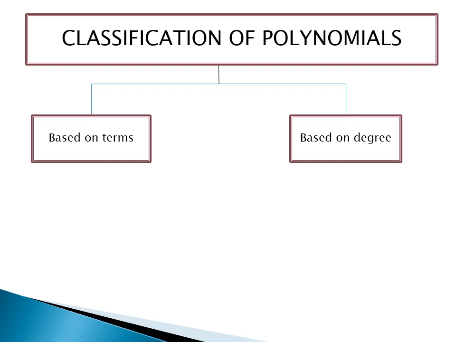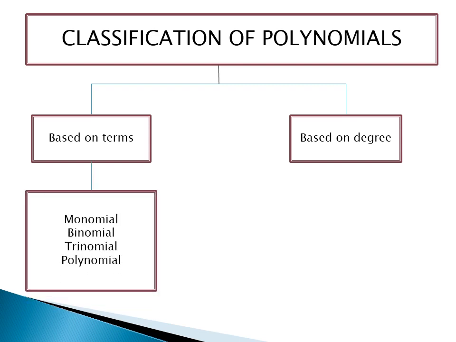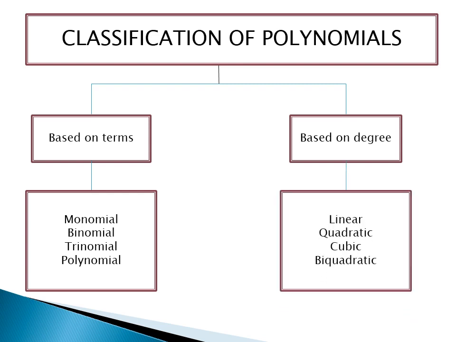That we'll learn later. The first one we will go through is what you have learned already, that is based on terms. Based on terms, we have names we have already studied: first one is monomial, then binomial, then trinomial, then polynomial. Now based on degree, that is the new topic you have to study here.